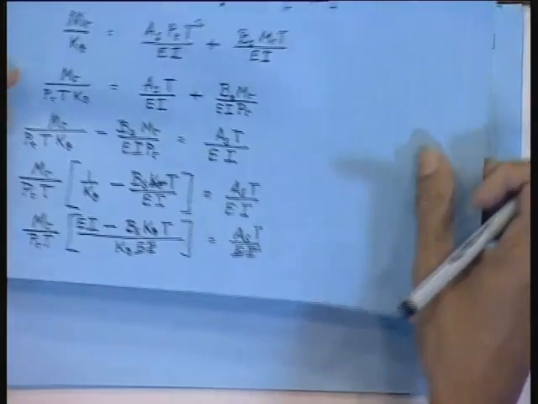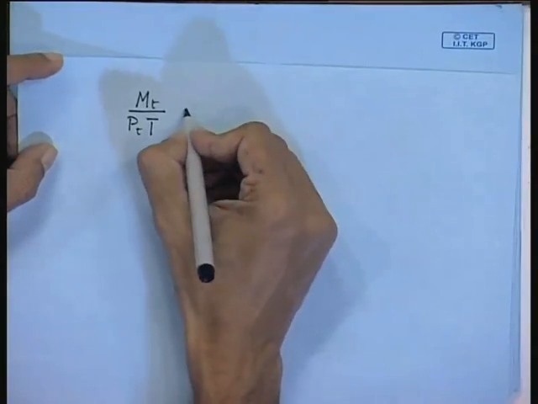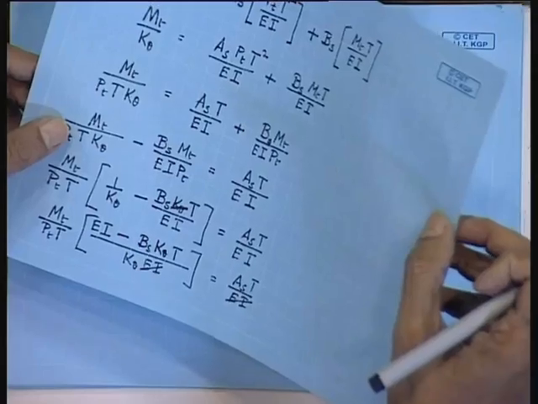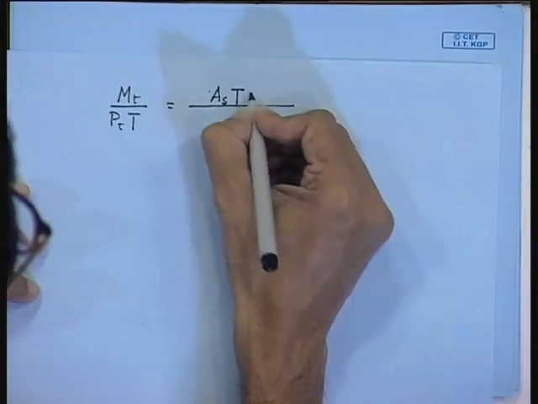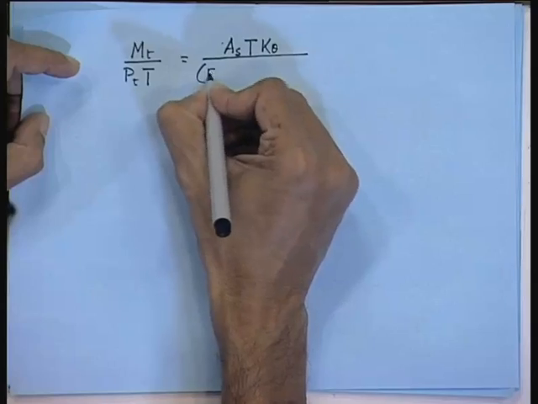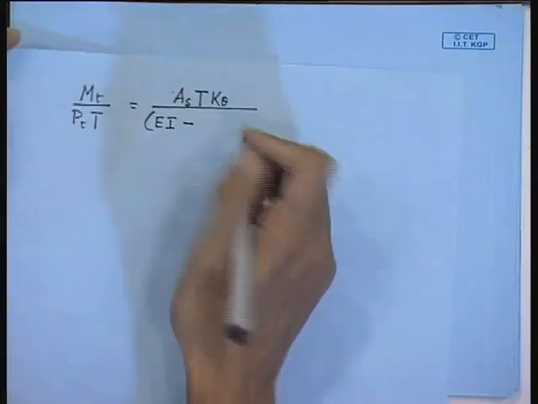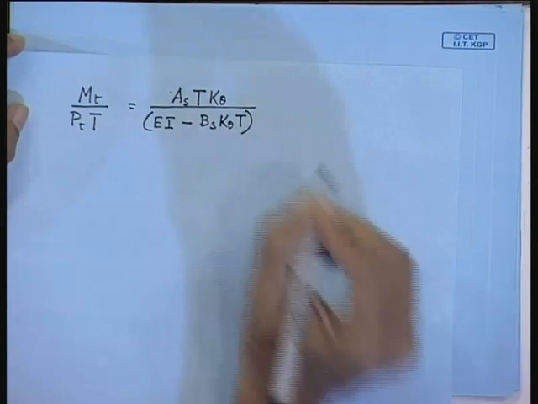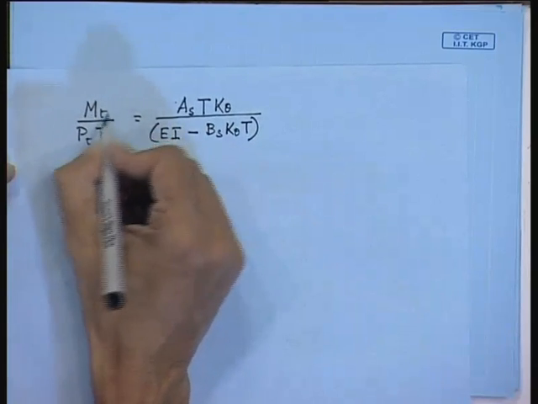So, this will go on the right hand side, we will be getting this as t, and k theta will come, and in the denominator we will get EI minus bs k theta t. So, we have finally succeeded in isolating this term.